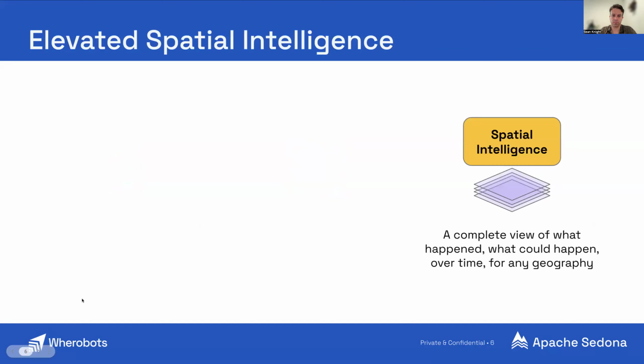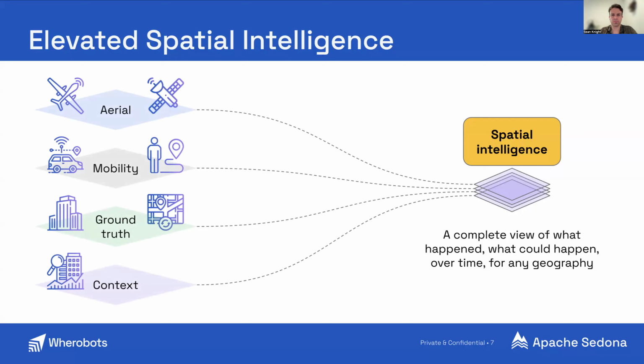So when we talk about this idea of elevated spatial intelligence, what we want to enable is teams to create a very complete view of what happened, what could happen over time or in any geography, and ultimately have some clear intelligence and insight about what is happening in the physical world or what's likely to happen in the physical world. In order to do that, you need to be able to fuse a number of different data types together.